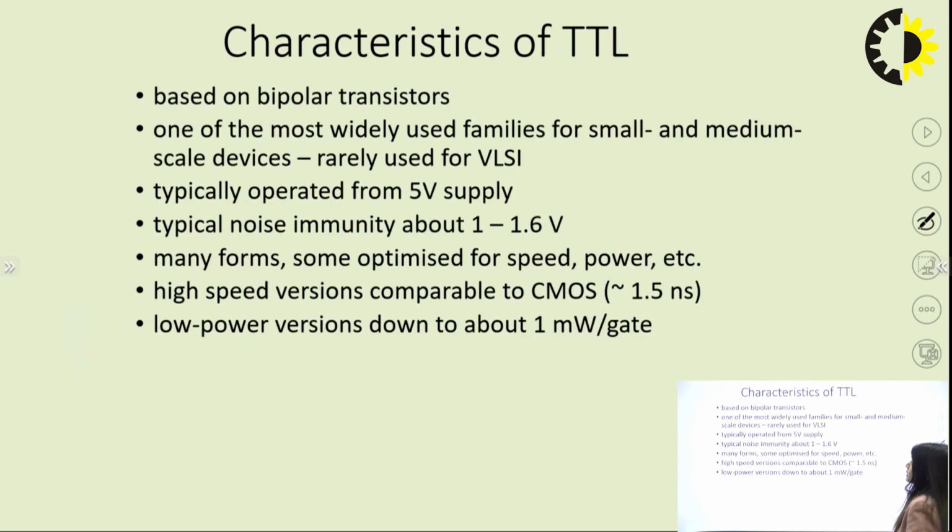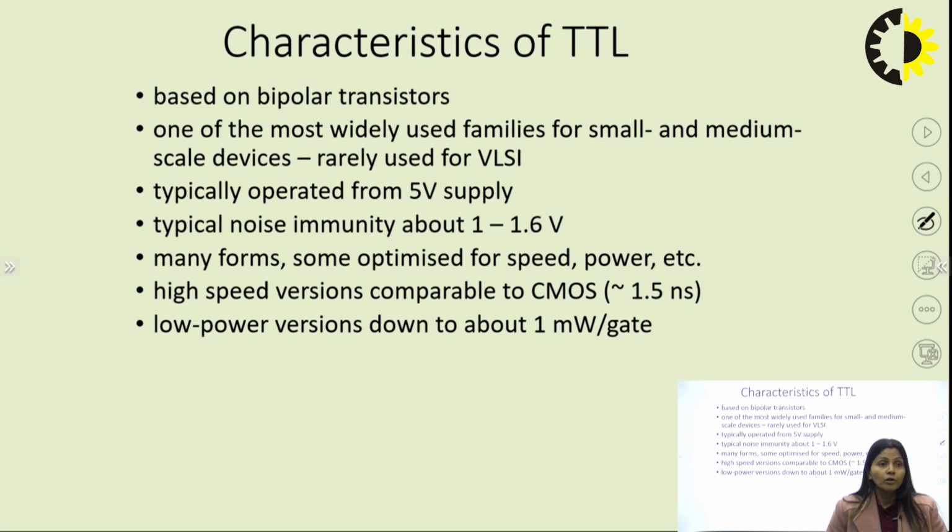Now characteristics of TTL, there are few characteristics too based on bipolar transistors. So one of the most widely used families for small and medium scale devices, as already I have explained. Typically it can operate for plus 5 volt supply, not more than that.